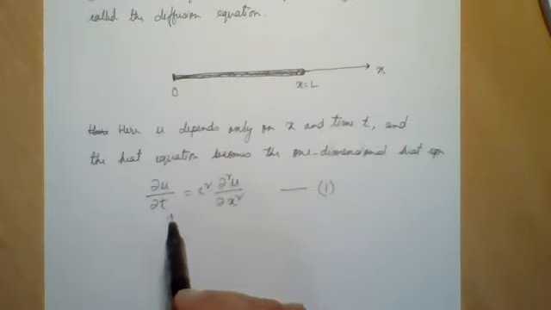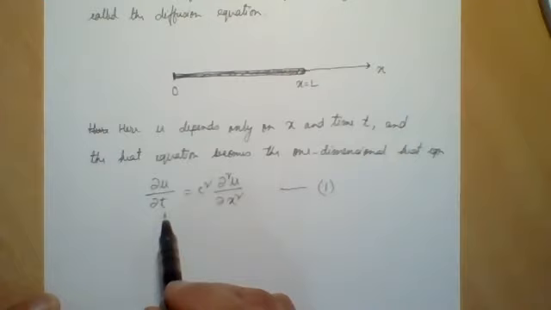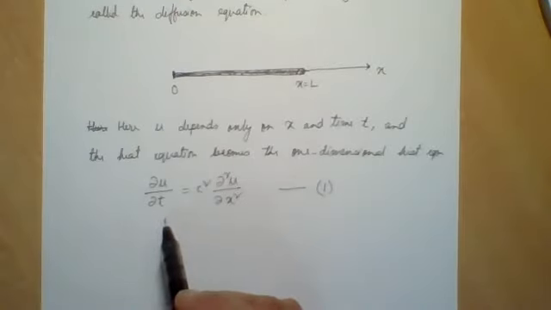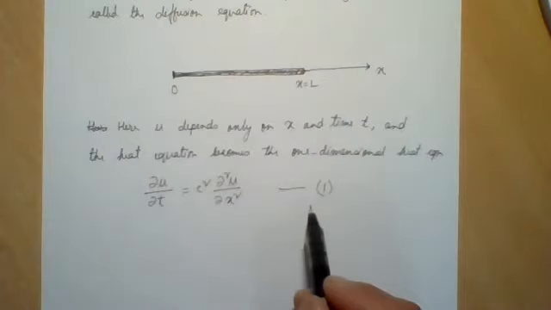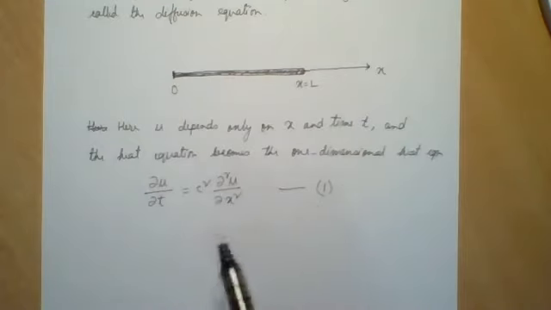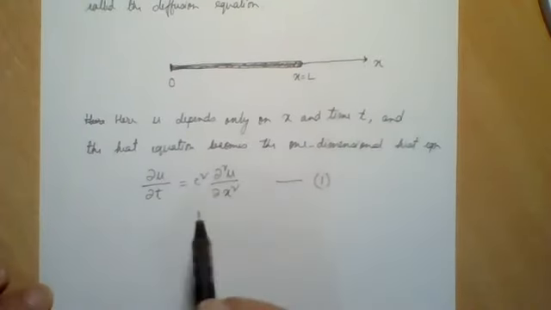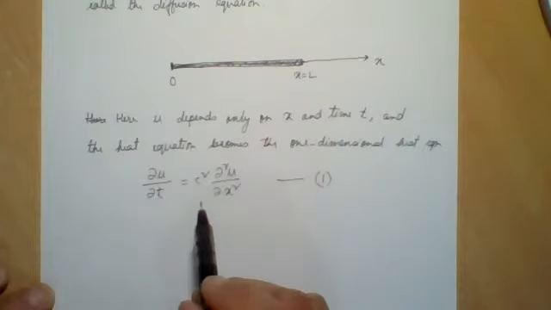Okay, but here we have first order partial derivative with respect to t. And because of this difference, the solution of the heat equation will behave quite differently from those of the wave equation.